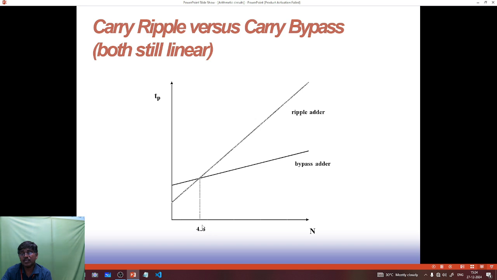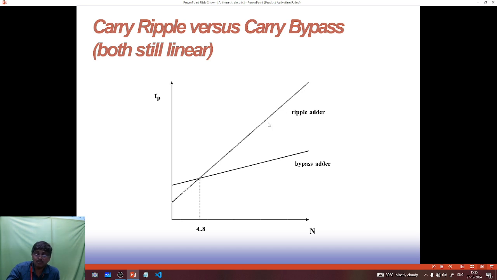The time duration will be very high compared to the bypass adder. So the bypass adder is very suitable because it minimizes the delay. That is why it is called carry ripple versus carry bypass, both still linear. Comparatively, the carry bypass adder takes much less time, and the ripple carry adder takes more time for processing because the delay will be more.